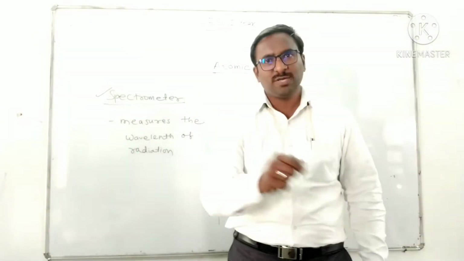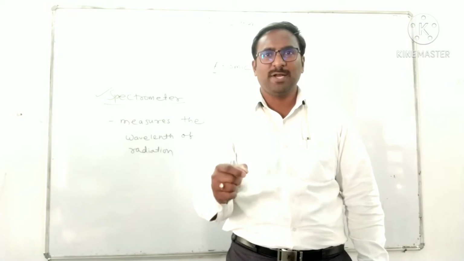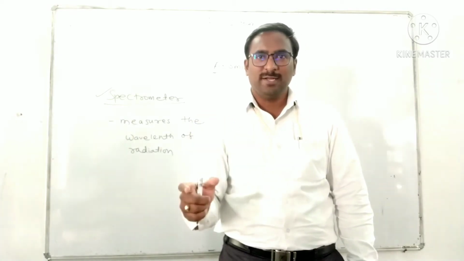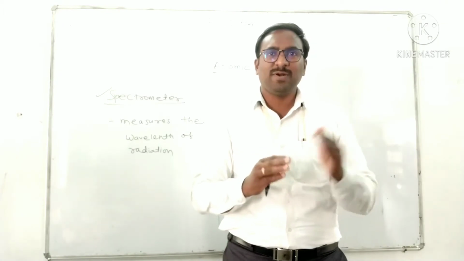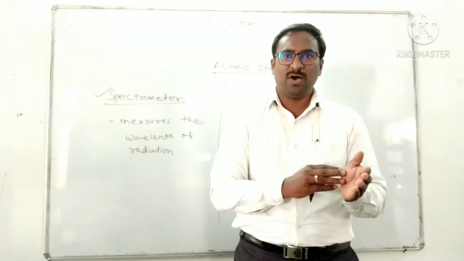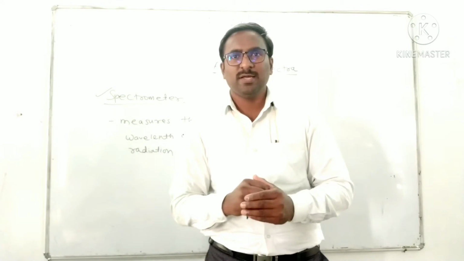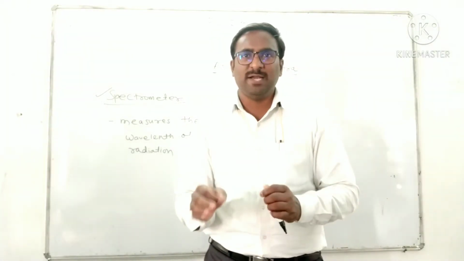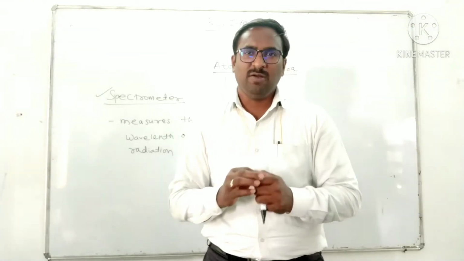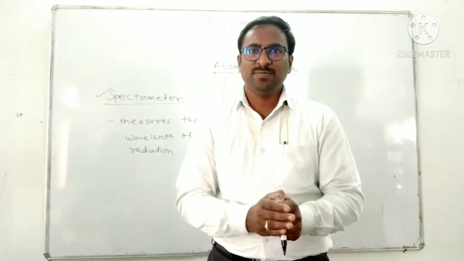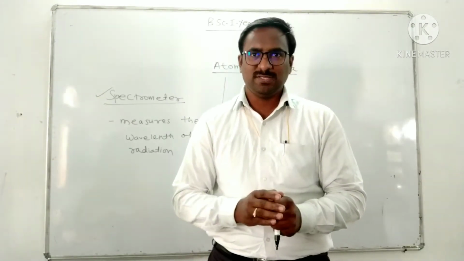If you heat a strontium salt on a Bunsen burner, it gives red color. Different colors are different wavelengths of visible radiation. We already discussed that visible light is composed of 7 different colors, meaning 7 different wavelengths, from 400 nanometer to 600 nanometer.